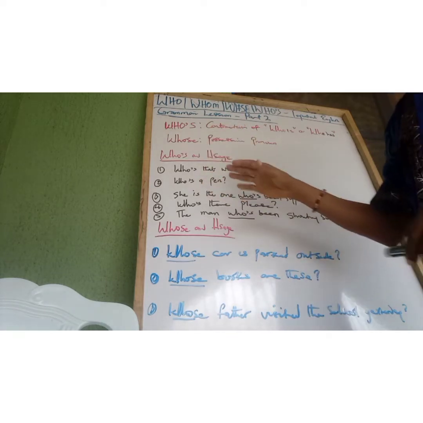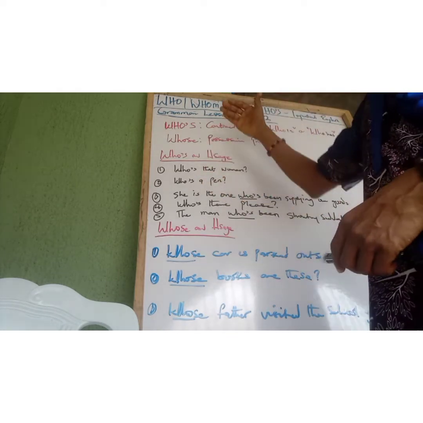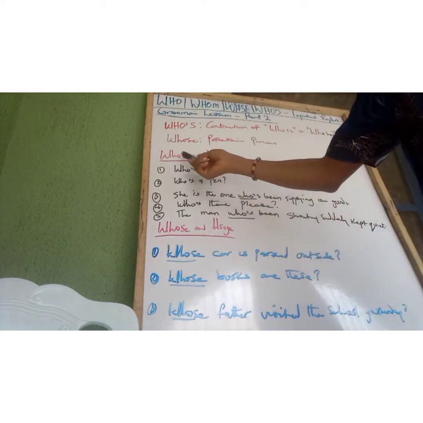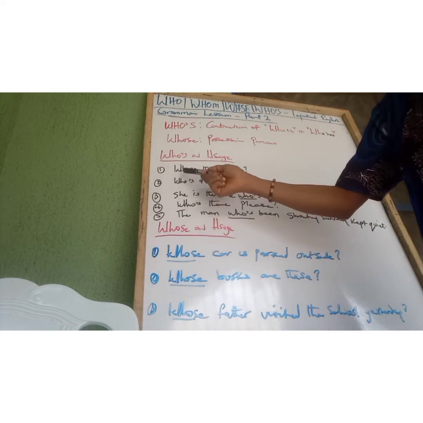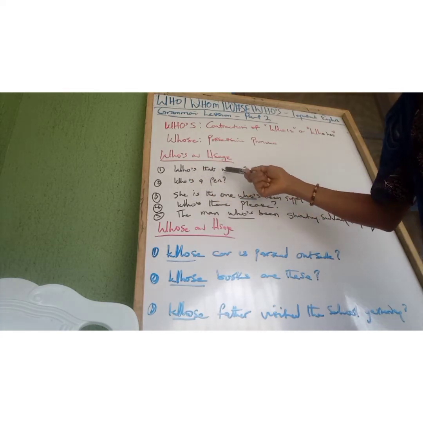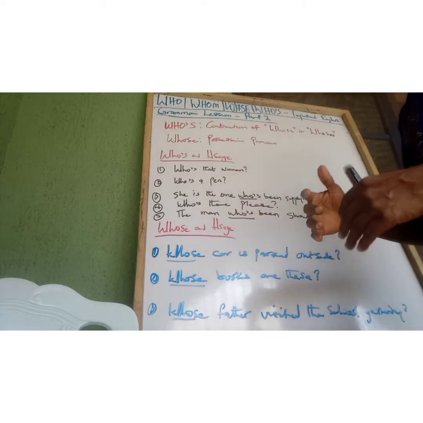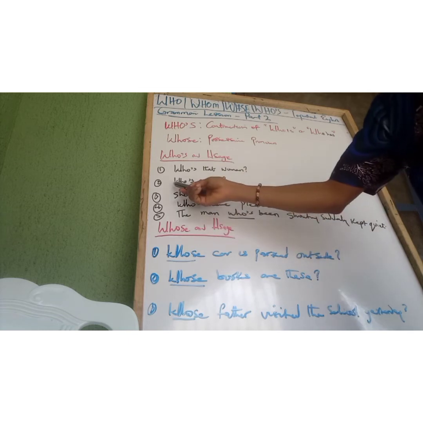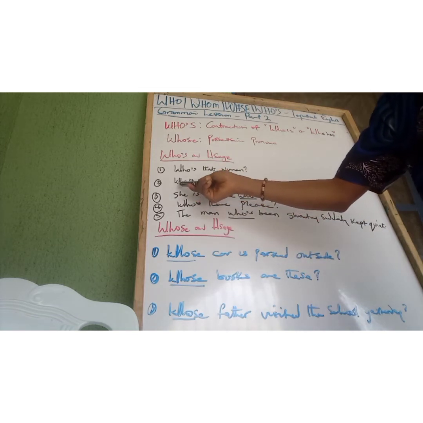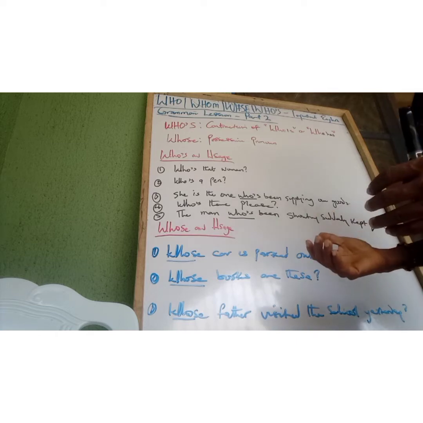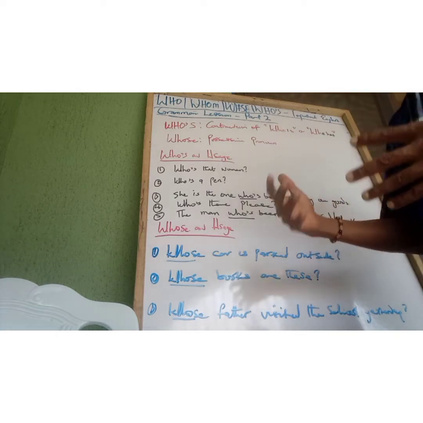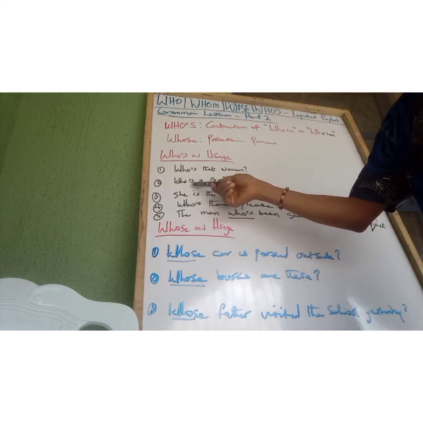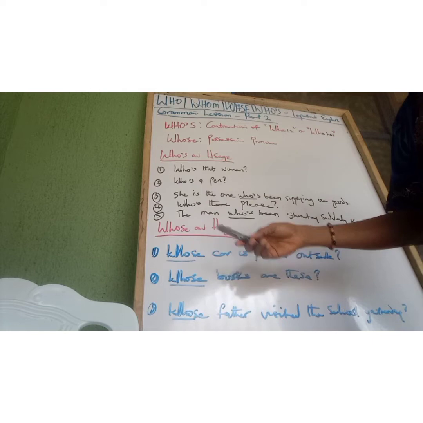Look at these simple sentences that will help you understand the correct usage of these pronouns. The first one is: who's that woman? Who's that woman? Then: who's got a pen? The H-A has been omitted, so this is the contracted form of who has a pen.